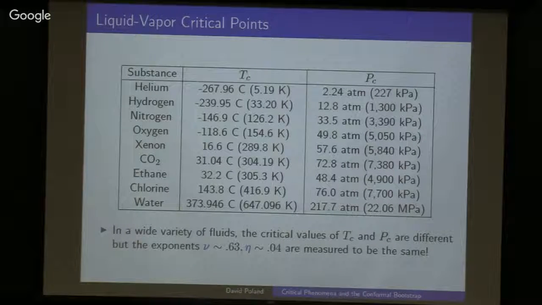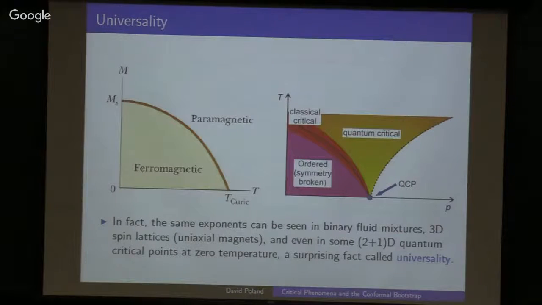In fact, the conspiracy is even weirder than that, because if you look at completely different types of materials, including magnets, which can be modeled by some three-dimensional lattice of spins which are interacting with each other, if you look at mixtures of different fluids, or if you even look at two-dimensional quantum systems, which can evolve forward in time, so these would be 2 + 1 dimensional quantum systems.